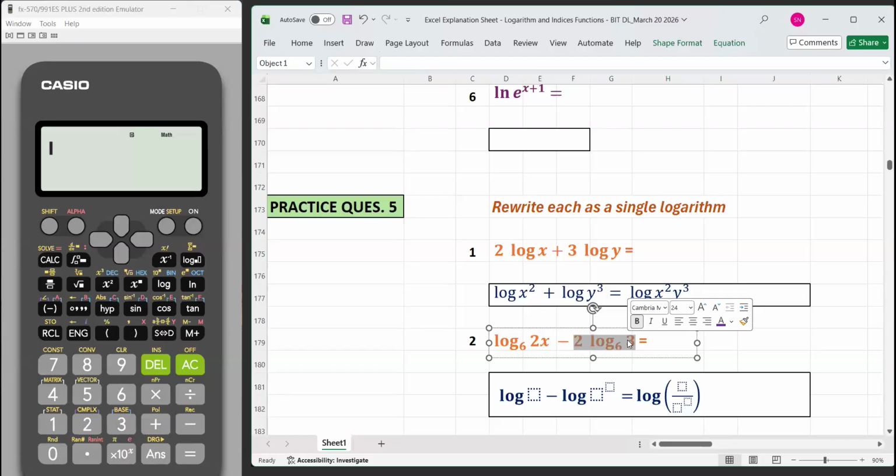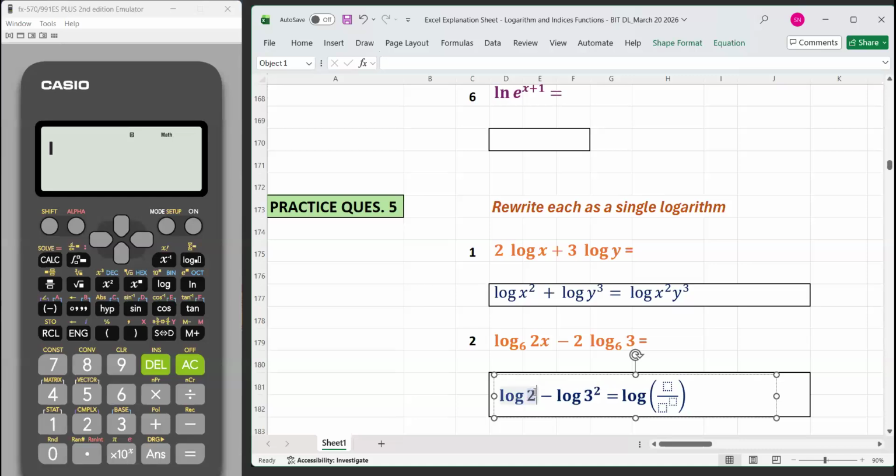Log 3 squared. So this will be log 3 squared. And for this one, it will still remain as 2x. Please, I've forgotten to put the base, but all this is to base 6. So log 2x base 6, and then 3 squared base 6.